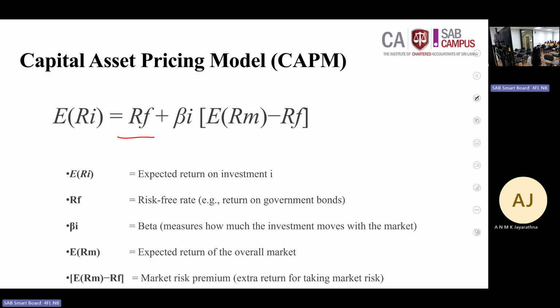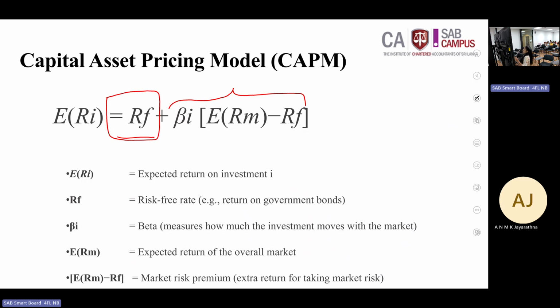So therefore, this model says that minimally you have to give the risk-free return to your shareholder. That is also not enough, right? So then you have to identify which one?